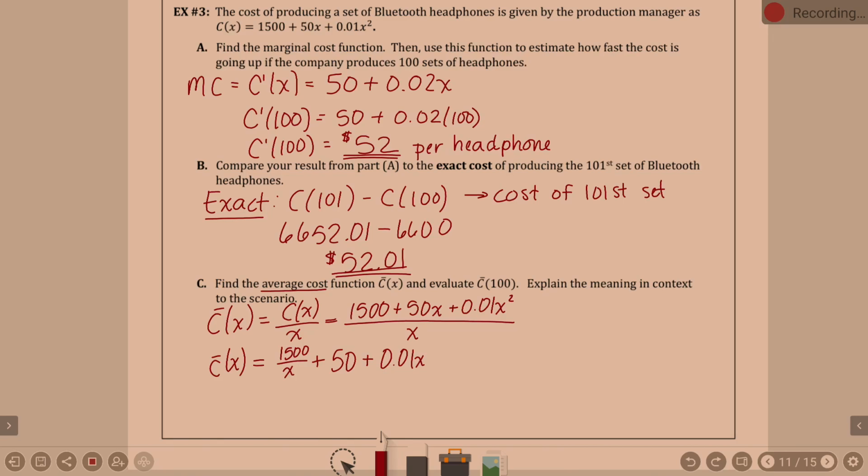And then what were we asked to do? Find C bar of 100. So now I'm going to plug in 100. 1,500 divided by 100 plus 50 plus 0.01 times 100.